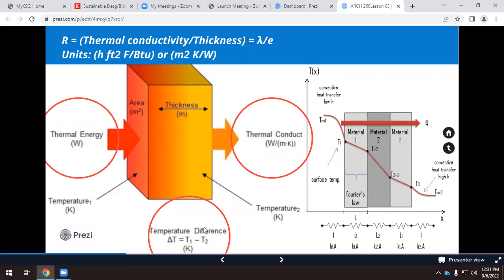But if we understand the goal, we understand what we have to do, and the goal is to reduce the rate at which we lose heat. We can increase the thickness of the wall, we can decrease the thermal conductivity of the material, and we can decrease the temperature difference between indoors and outdoors.